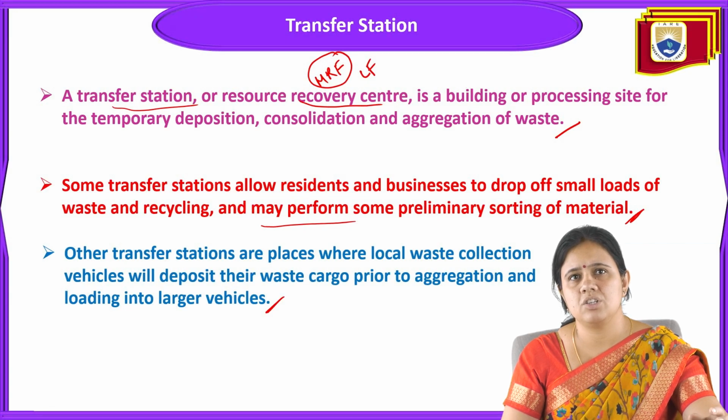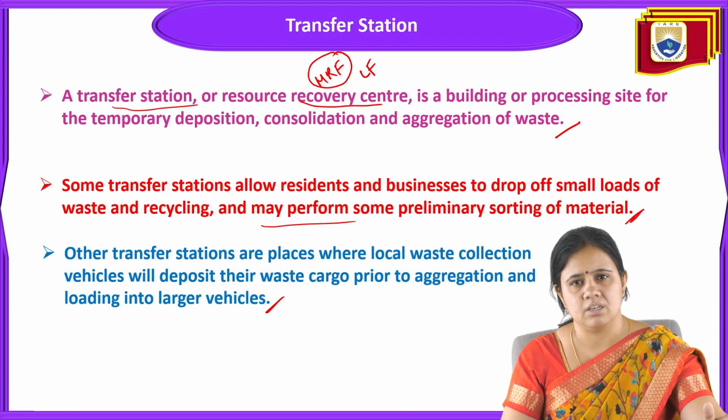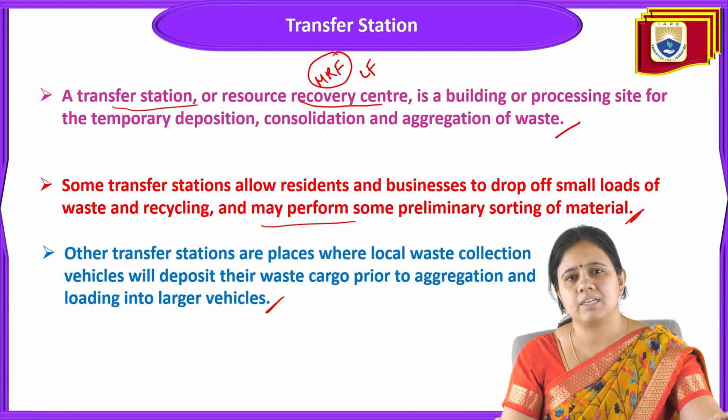So transfer stations are of three types. First is a resource recovery station, MRF, material recovery facility site. Second is that some transfer stations allow residents and businesses to drop off small loads of waste and recycling, and they can perform sorting and preliminary activity at the site.